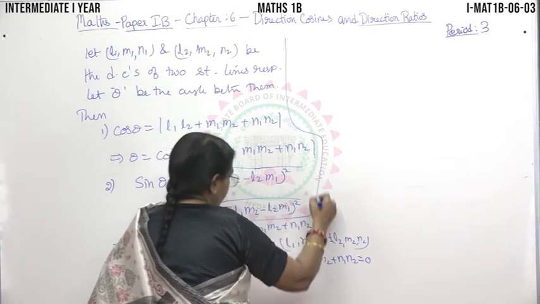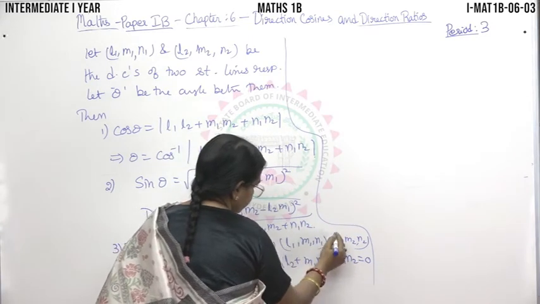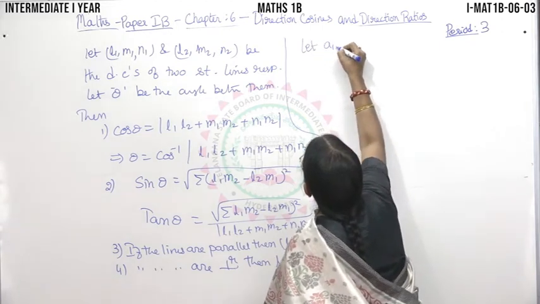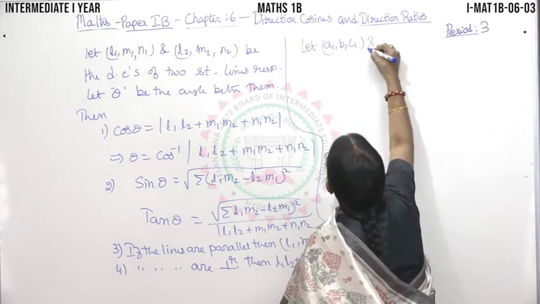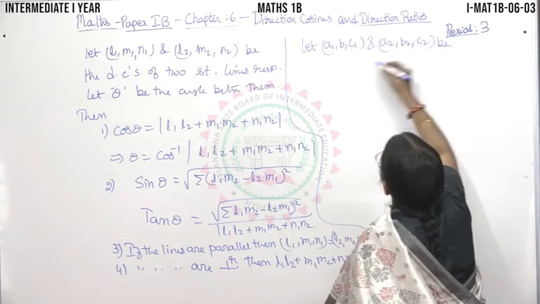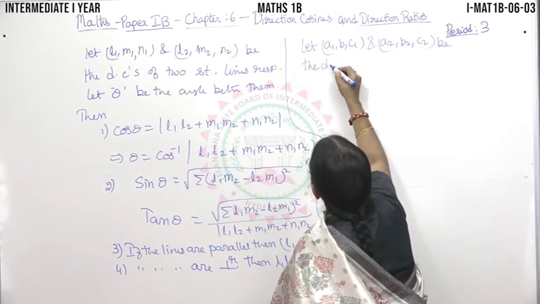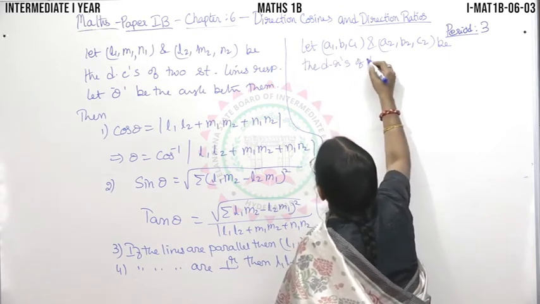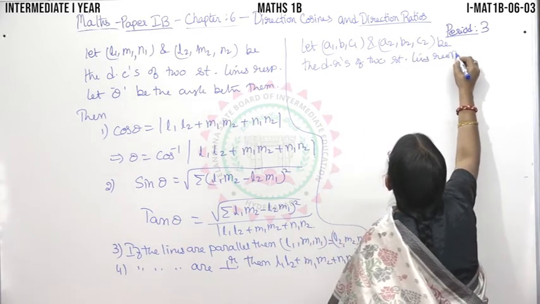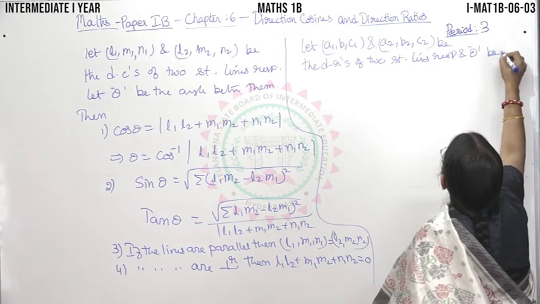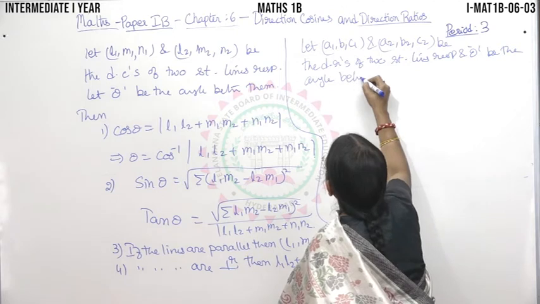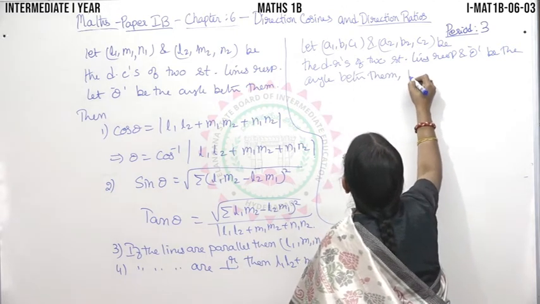So this is about the direction cosines. Now suppose that A1 B1 C1 and A2 B2 C2 are the direction ratios of two straight lines respectively, and theta is the angle between them. Then you have the formula.